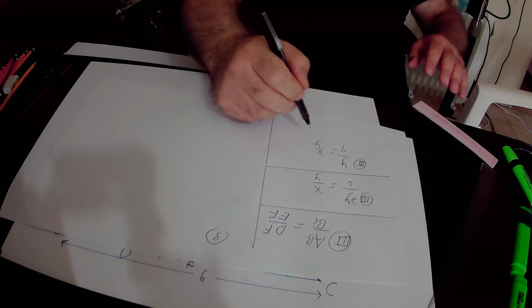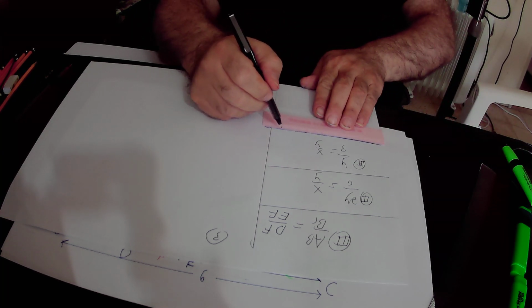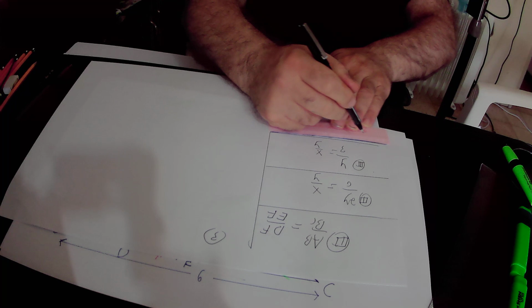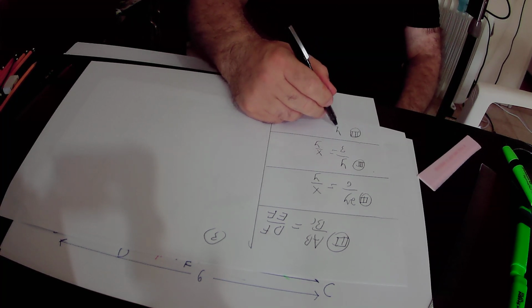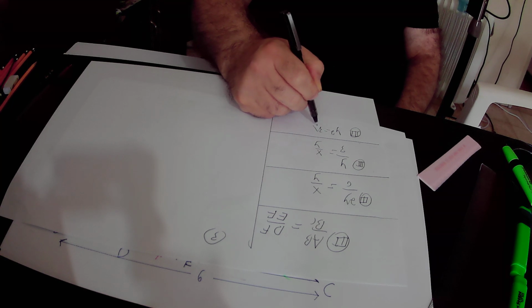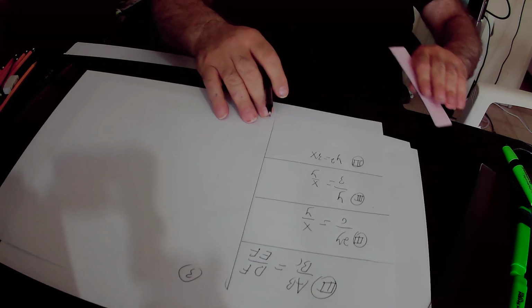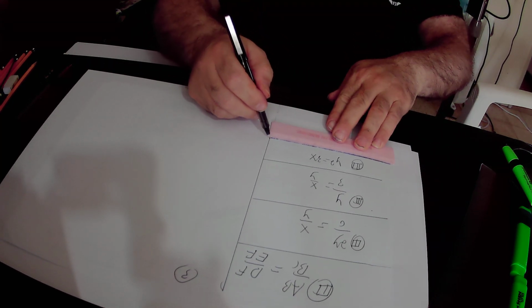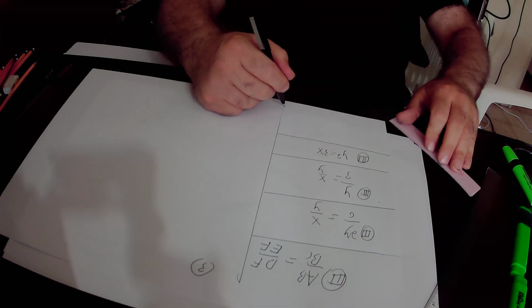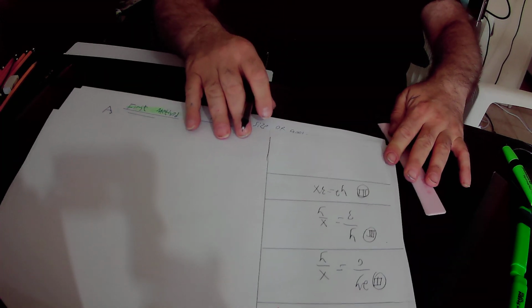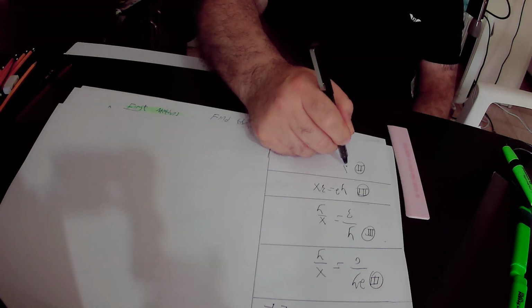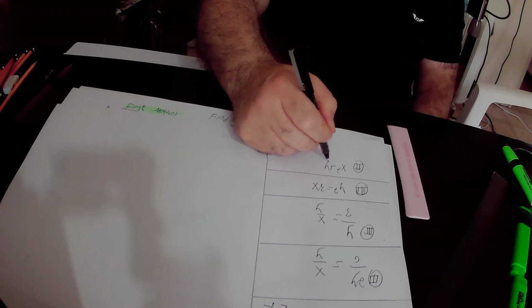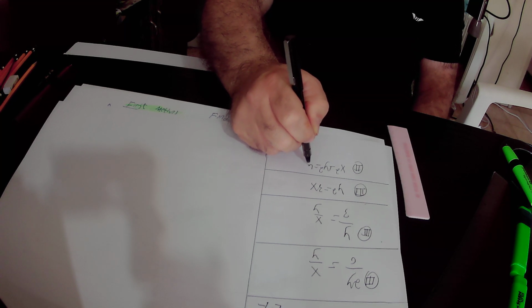Here we cross multiply, and you will get that according to equation number 3, y squared equals 3x. But we have already found out that according to equation number 2, x squared plus y squared is equal to 4.